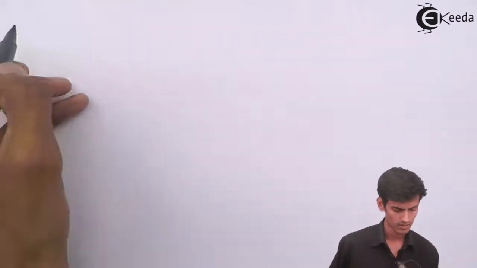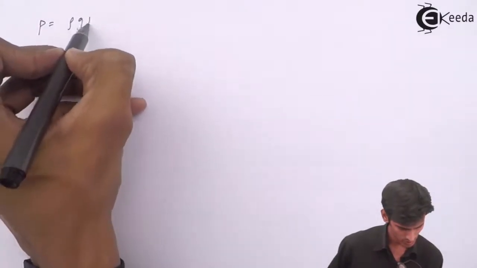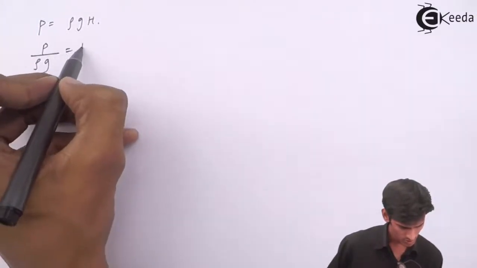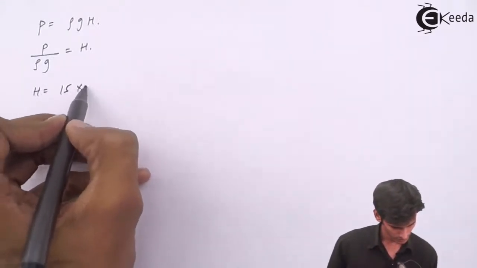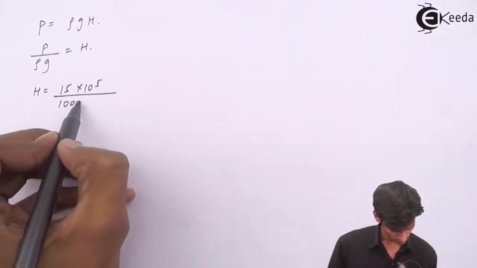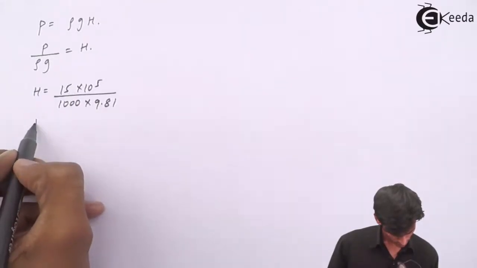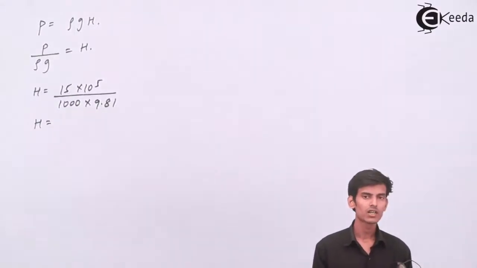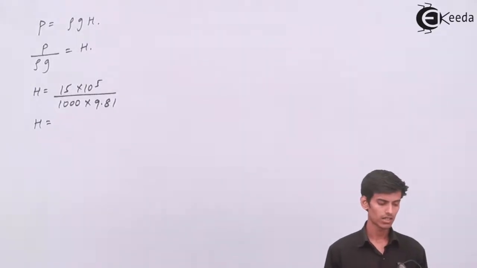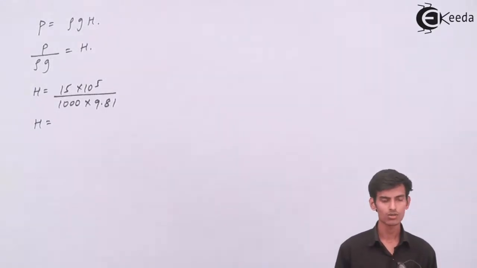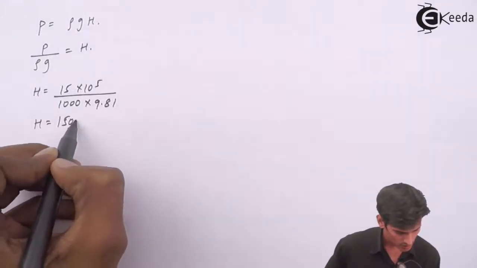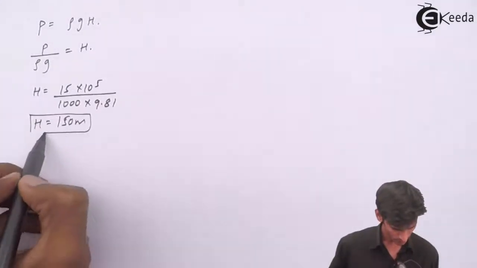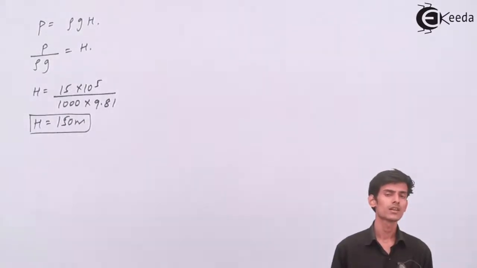So using the pressure we can calculate the available head. Pressure divided by rho g will give you the head, that is 15 into 10 raised to 5 divided by 1000 into 9.81, which comes out to 150 meters. Once you get the head, you can calculate the velocity.